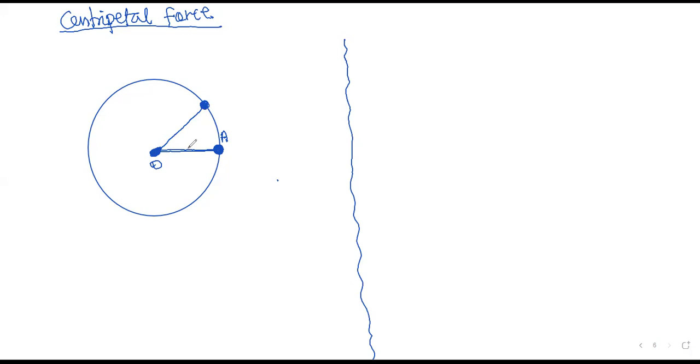At A, there is a force which is always directed from the object towards the center of the circle, and this force we are calling the centripetal force. But from Newton's third law of motion, for every action there must be an equal and opposite reaction.